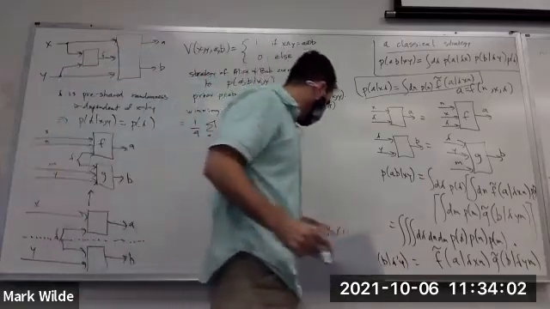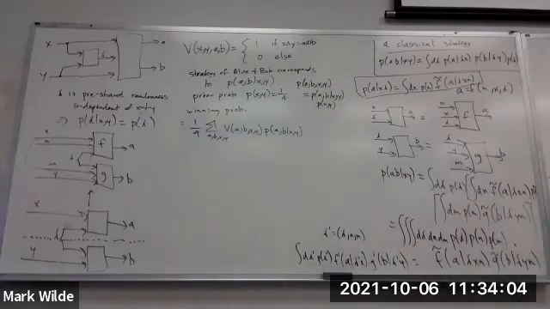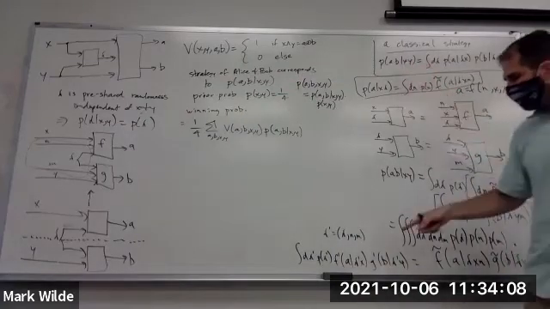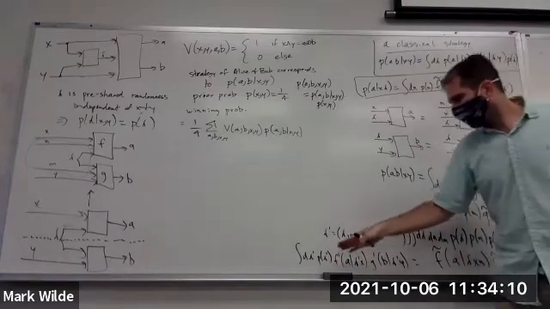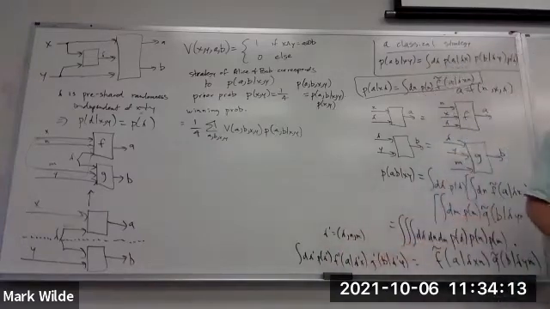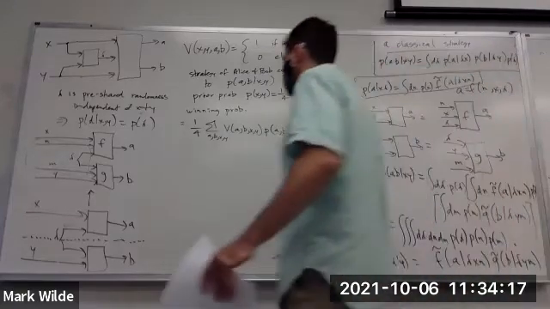But what this means is what we said. A classical strategy can be written as a convex combination of deterministic product strategies. Okay. So let's write that down.